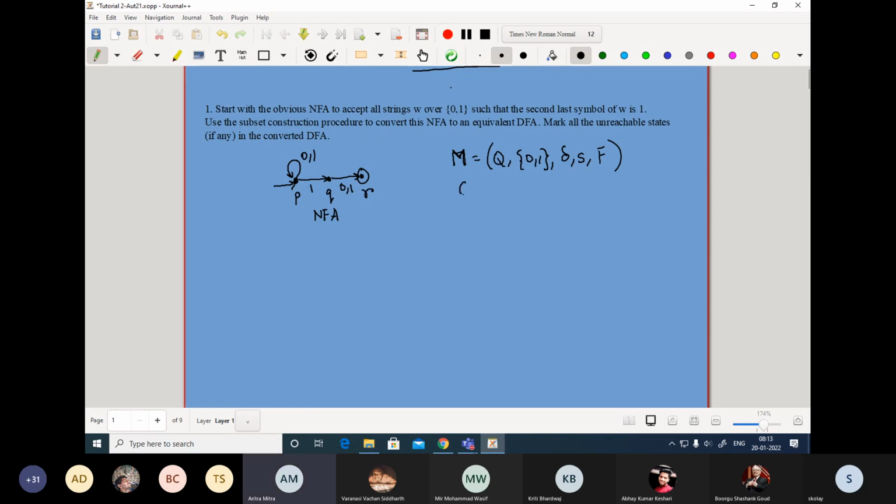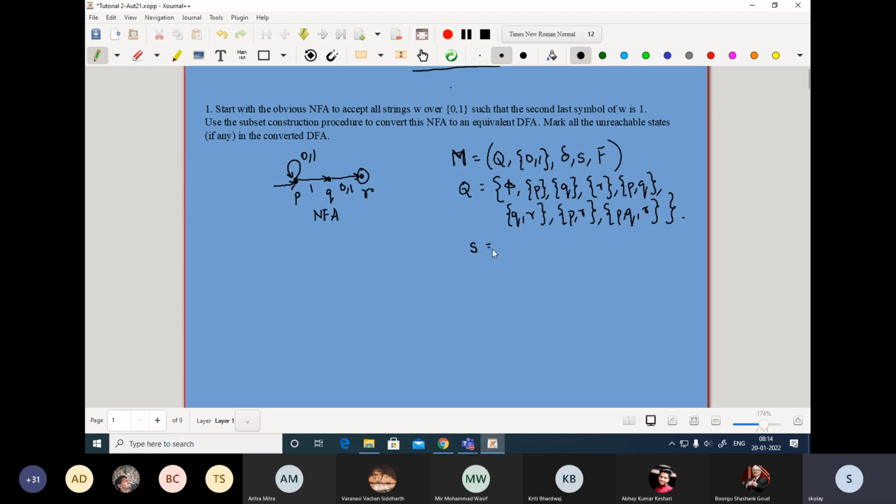Q will be the power set of P, Q, R. Okay, so that means the empty set and then... Okay, so this is Q.